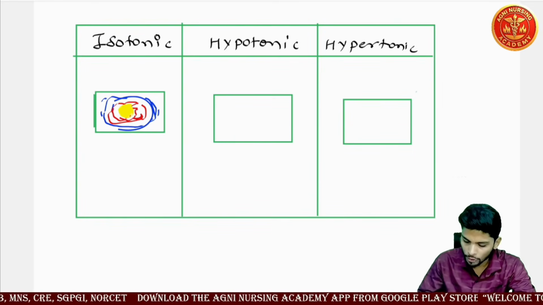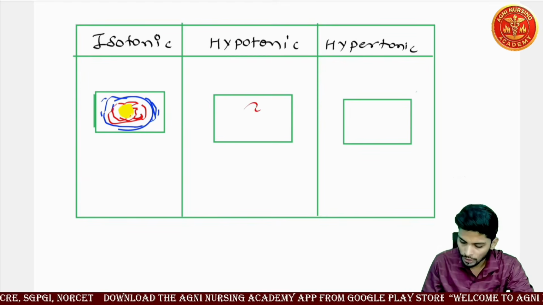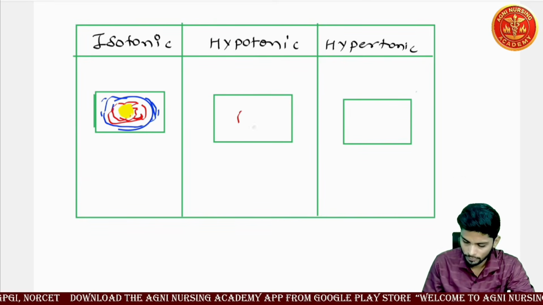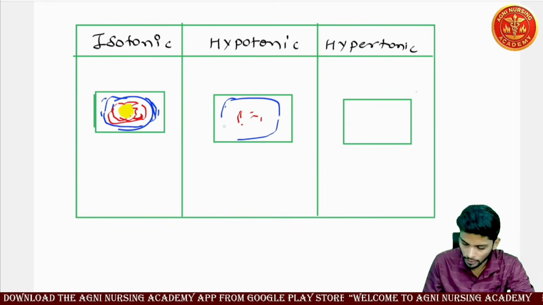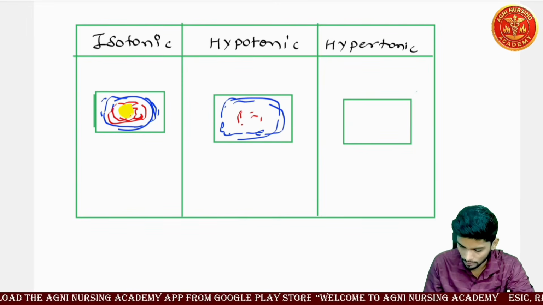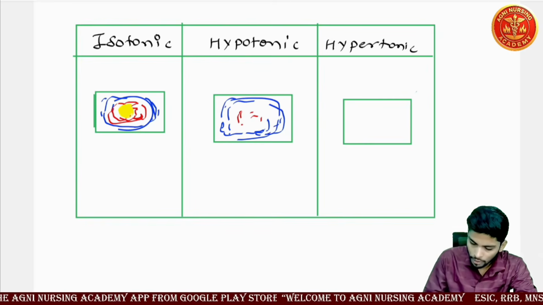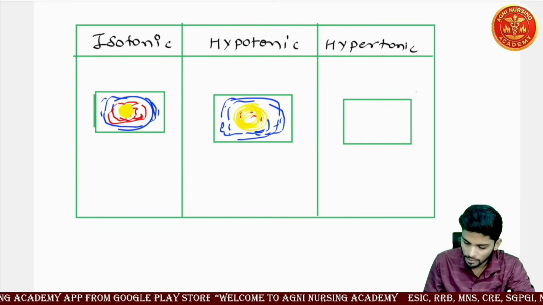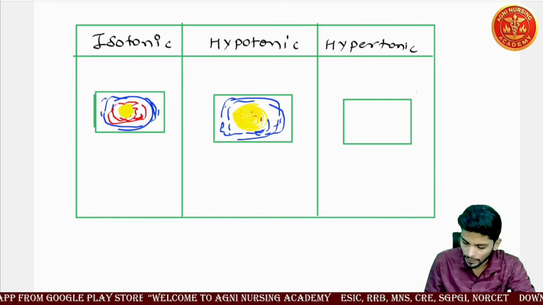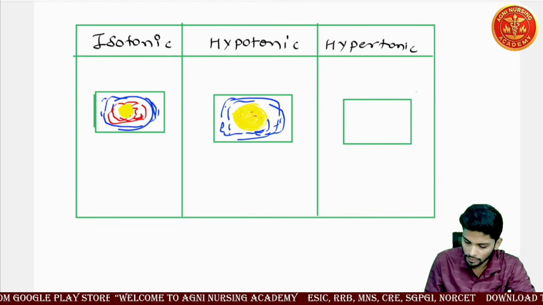Here in hypotonic solution, the concentration of solute is less than the concentration of solvent, meaning here solute is less. So the size of the cell will increase. That is, the cell will take the solvent inside the cell, meaning the cell will swell.